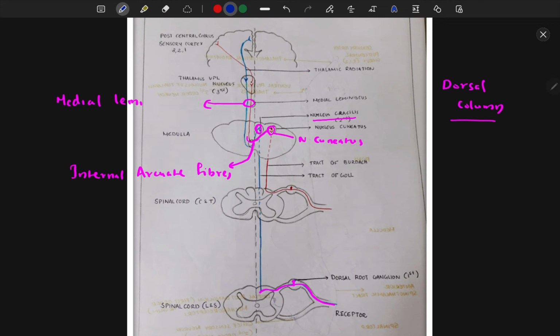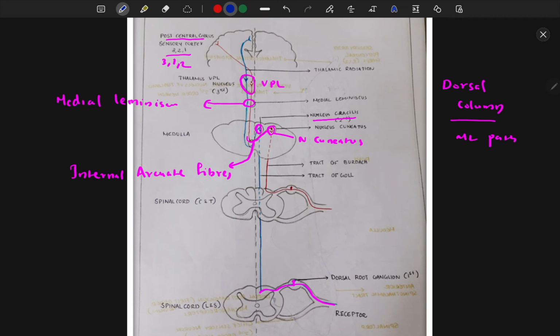They relay at the thalamus, VPL, ventroposterolateral nucleus of the thalamus, and the third order neuron originates from here and, as thalamic radiation, goes to the postcentral gyrus, sensory cortex, Brodmann areas 3, 1, 2. That is why this pathway is called the dorsal column medial lemniscus pathway.